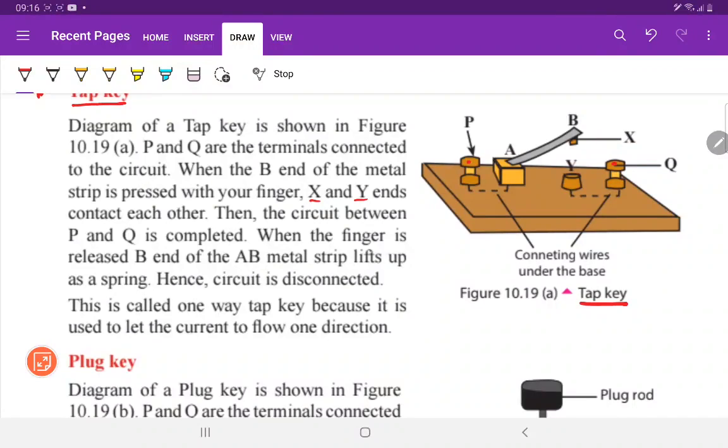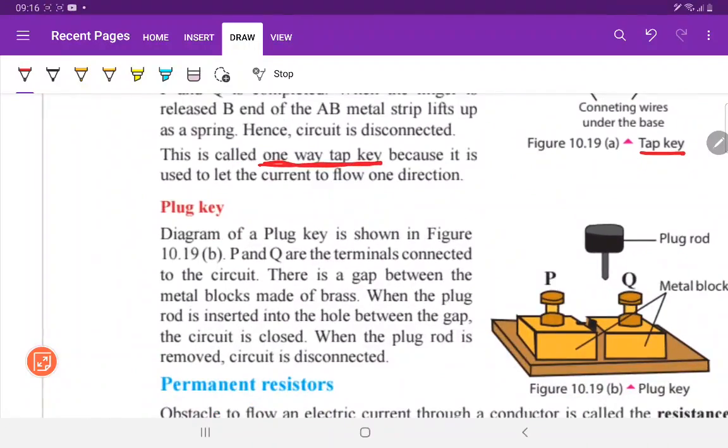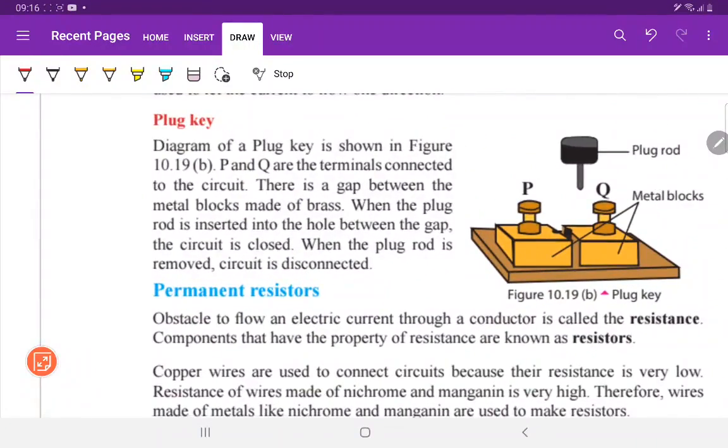This is called a one-way tap key because it lets the current flow in one direction only. So what is the example? The electrical doorbells.